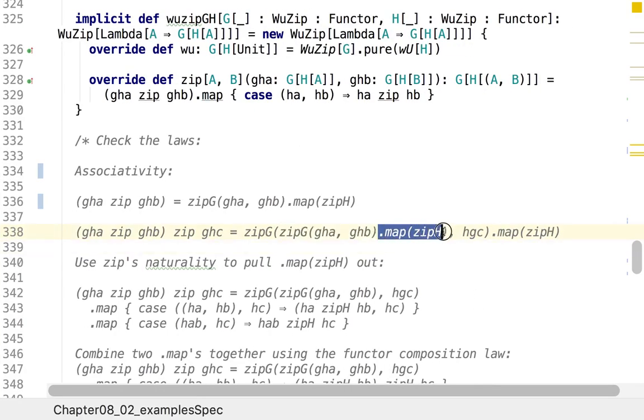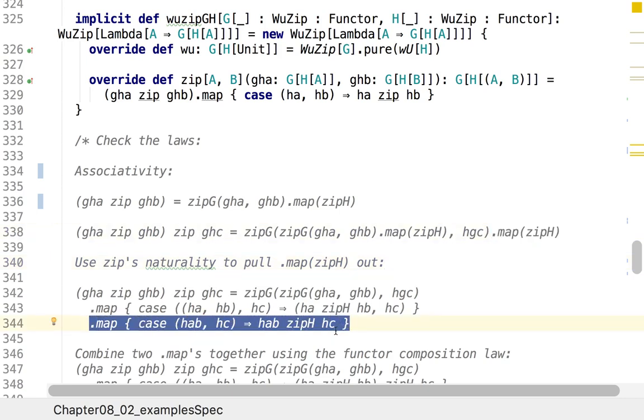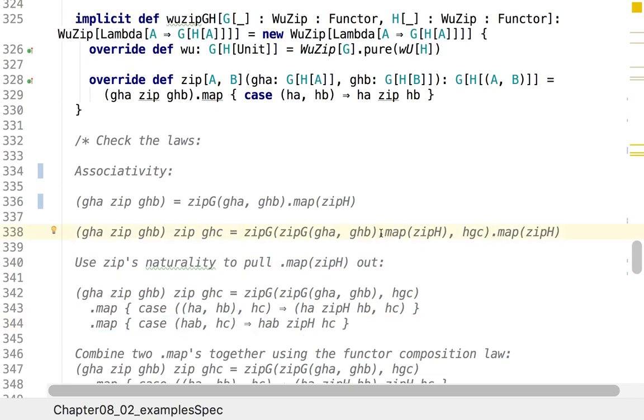And we will pull this outside. So how do we pull it outside? Well, the result is that we still have this back here, but before that we have this map of zip h, which takes the first two. It's a product of two functions, one being zip h and the other is identity.